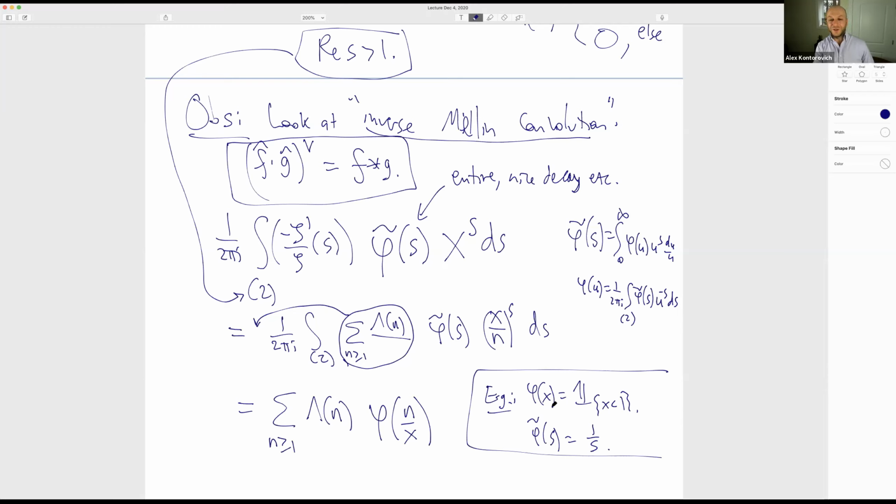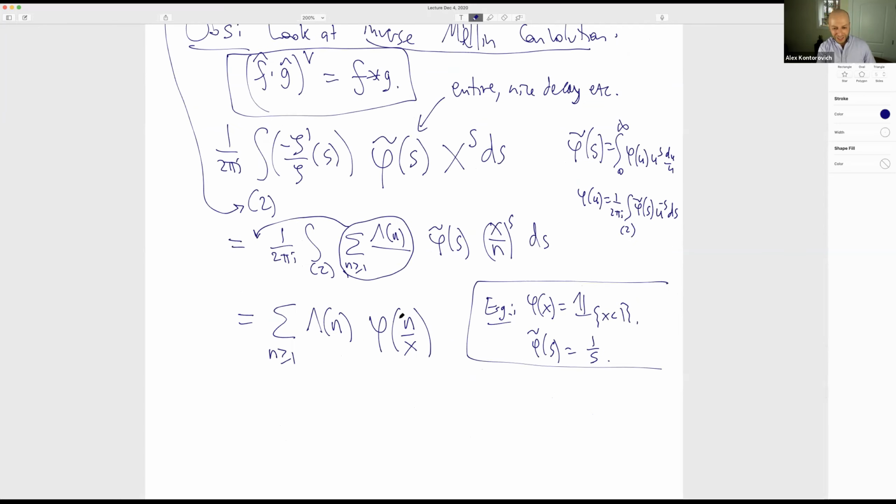So phi of x is the indicator function that x is less than 1. In this example, that's the indicator function of n over x being less than 1, which is the same thing as n being less than x.